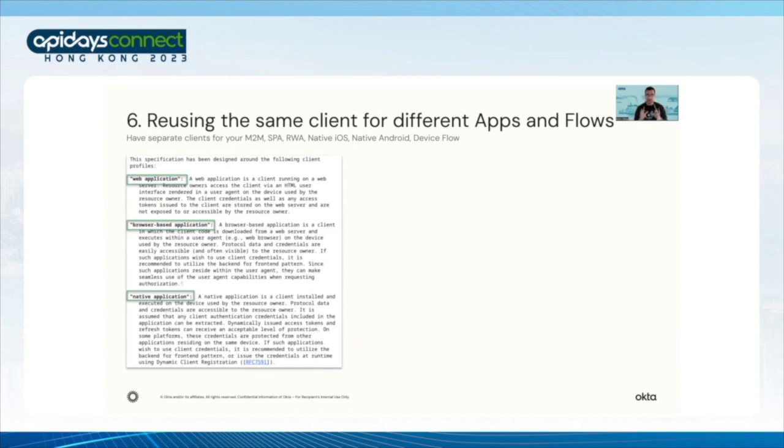Our recommendation is not to use the same client for different types of flows. You might have a mix of regular and single page application, try to avoid mixing these two, define separate clients. The end goal is that you should have one client ID representing only one type of client and one type of flow.